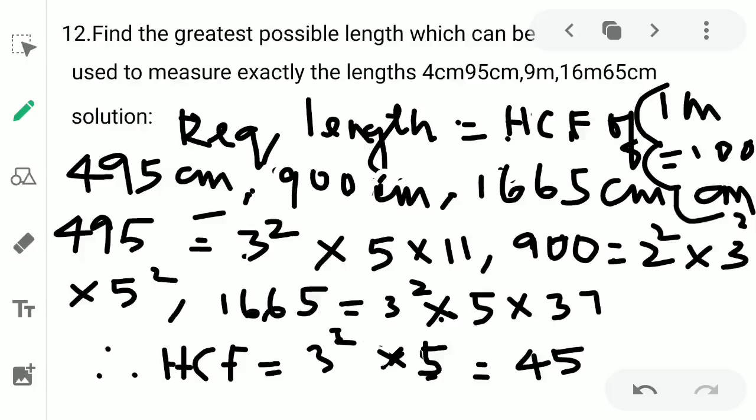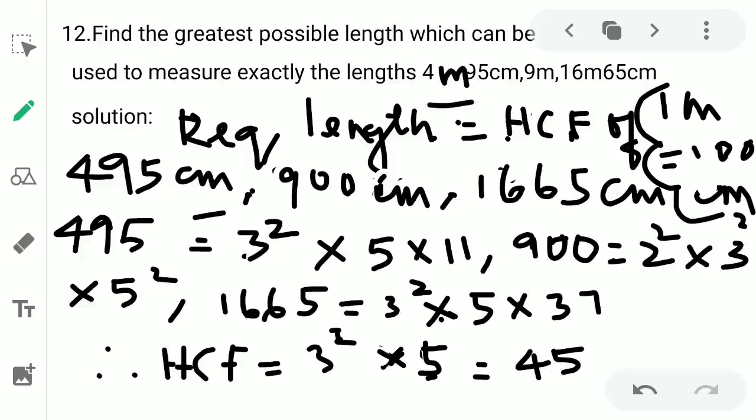Since 1 meter equals 100 centimeters, actually I have made a mistake. 1 minute. Actually, this is in meter. 4 meter 95 centimeter.